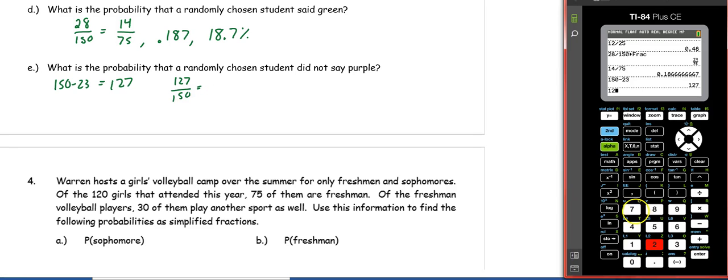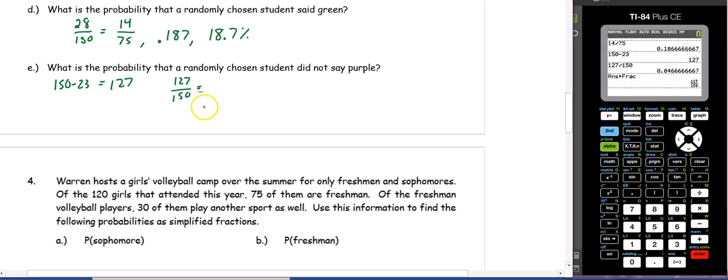So when we divide 127 divided by 150, math, enter, enter, we can't reduce that, so we're going to leave that and just convert it to our decimal, which is 0.847, and that converts to 84.7%.